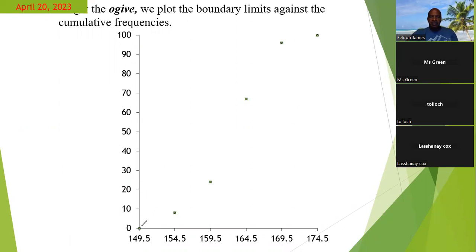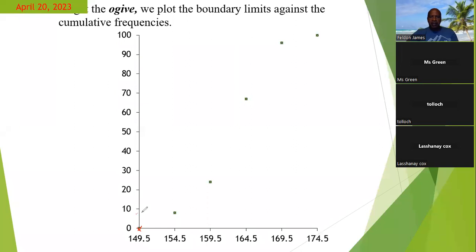So this first point will be exactly on the 0 frequency line. Now for our next point, we have 154.5, which is our next boundary value, and our second cumulative frequency value would be 8.